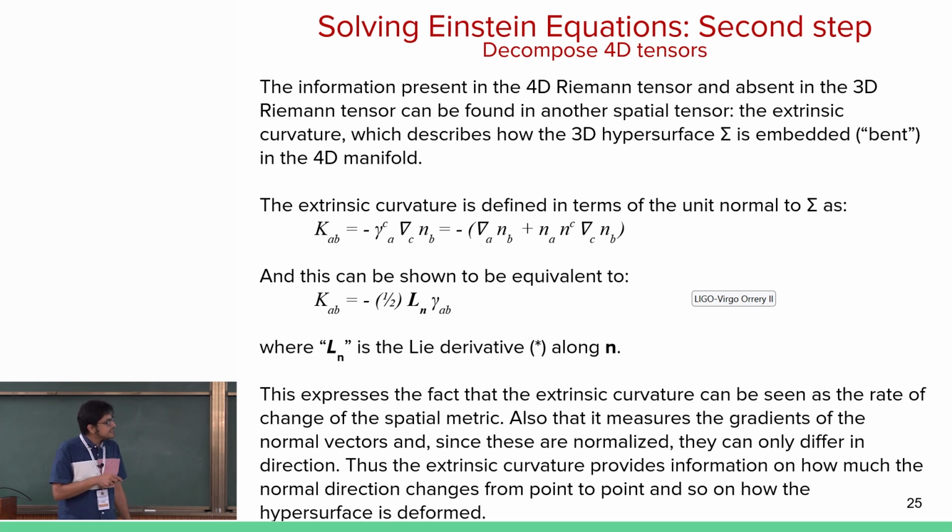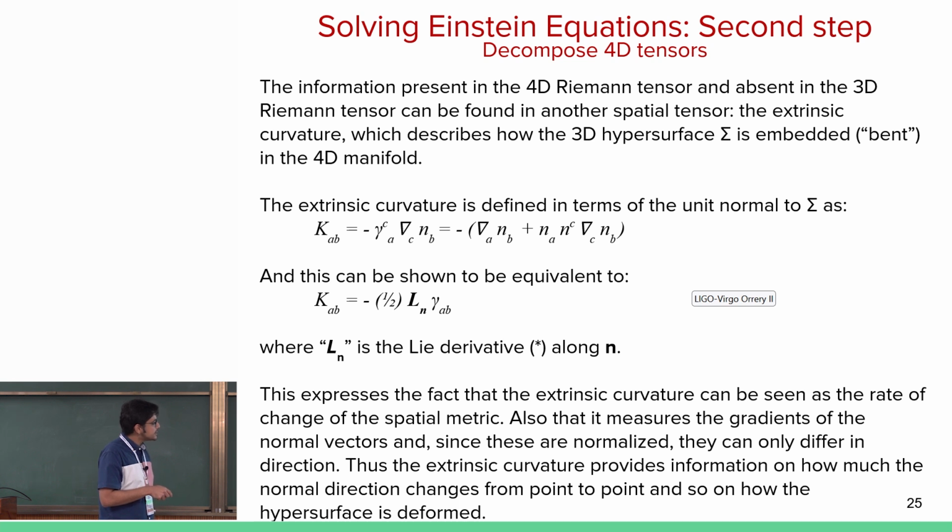So, this quantity tells us how your spatial slices are curved as they are embedded in the higher dimensional space-time itself. Okay? And in fact, it can be shown that the extrinsic curvature is related to the Lie derivative of the spatial metric along the unit normal that we had just introduced earlier.